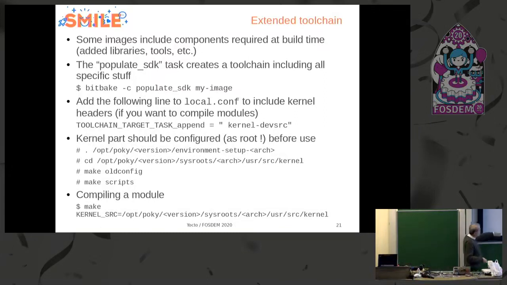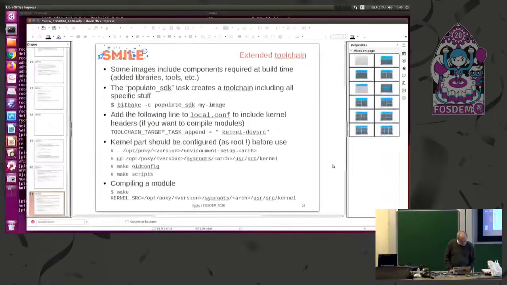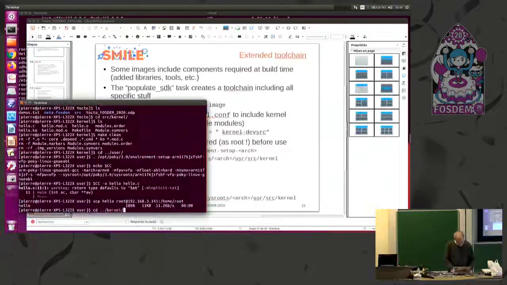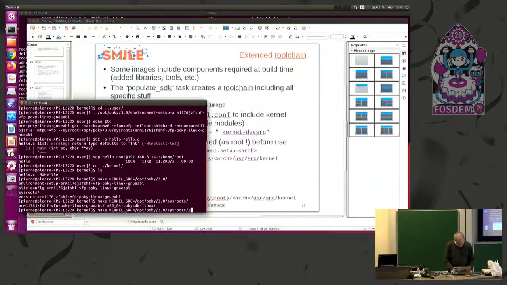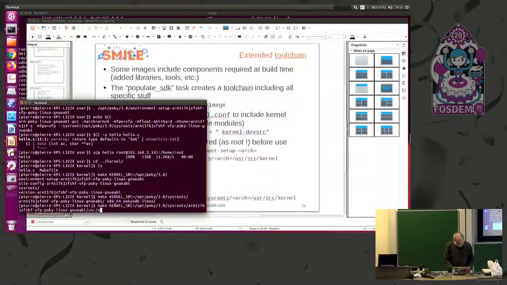Okay, so for example, if you want to compile a module, you do make with KERNEL_SRC equal, etc., and you give the path to the kernel sources used by the board. Okay? For example, with a simple module, hello, make KERNEL_SRC equal /opt/poky/3/sysroot/arm/usr/src/kernel.